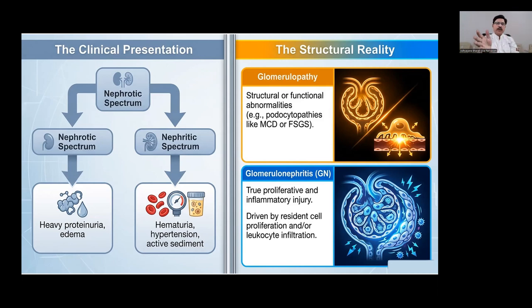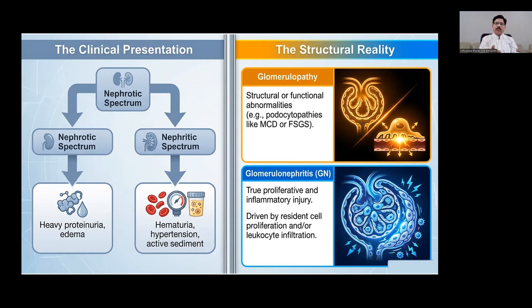So earlier there are two aspects of the disease: one is glomerulopathy, the other is glomerulonephritis. Glomerulopathy is structural functional abnormalities like podocytopathies, minimal change disease, or focal segmental glomerular sclerosis, which we have seen in the nephrotic syndrome: FSGS, MCD, and podocytopathy.